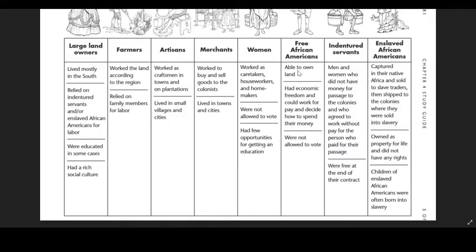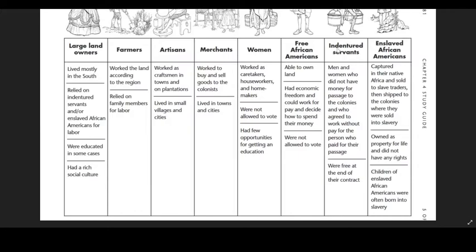Free African Americans were similar in a sense that they were not allowed to vote. However, they were able to own land, unlike women, and had economic freedom and could work for pay and decide how to spend their money. So free African American males had more freedoms than women did. The only thing that they really had in common was that they were both not allowed to vote.